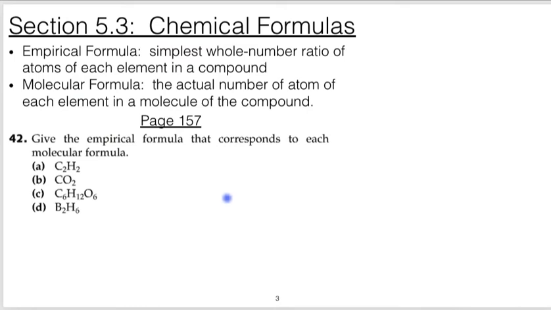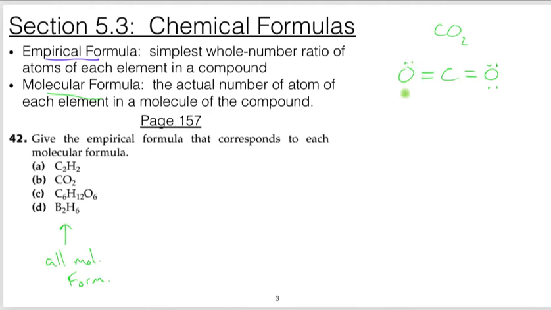Let's practice with a few here. There's a definition still sitting there: empirical in blue, molecular formula in green. And now notice the way this problem is written. What you're looking at here are all molecular formulas. Let's just take carbon dioxide real quick. And again, chapter 10, for the test coming up, for this chapter, you do not need to be able to do this.